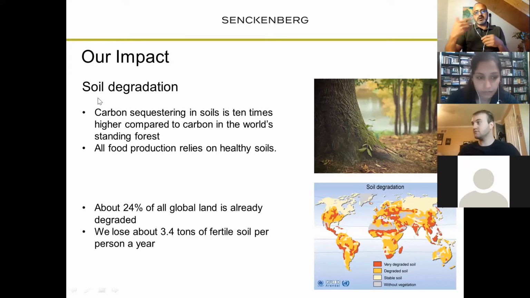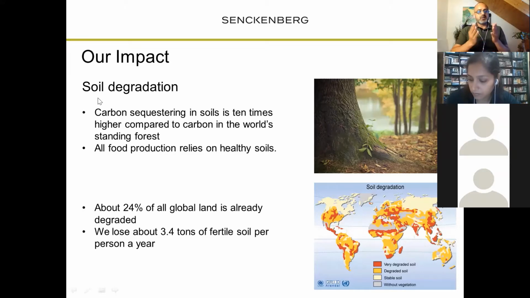They're focusing on, okay, we have more plants, but we have to equally focus on other ecosystems, which, as I said, is soil, an important contributor to the removal of carbon dioxide from the atmosphere.